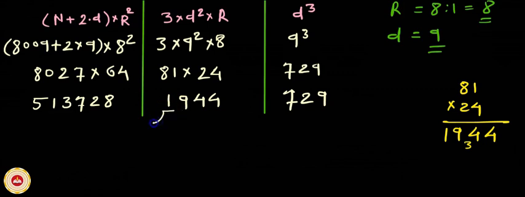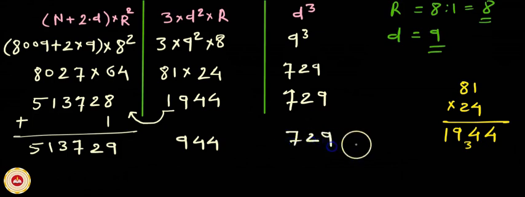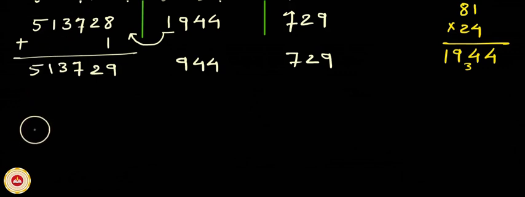So let us transfer it to its immediate left. Transferring means adding. So 513728 plus this extra digit 1, which gives us 513729. What is the middle part? 944. What is the right part? 729. Correct?